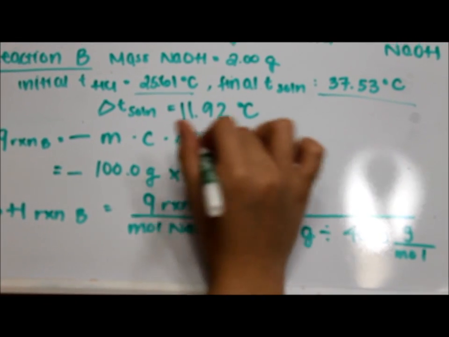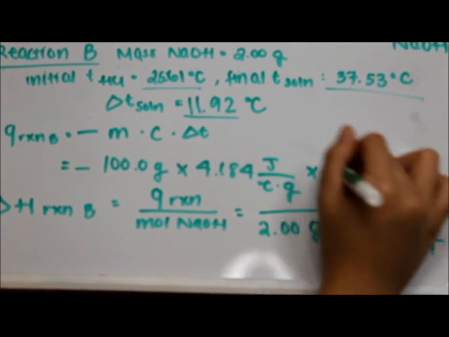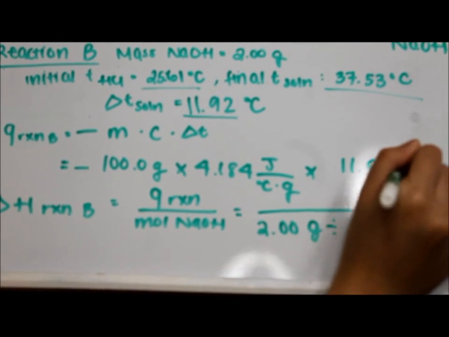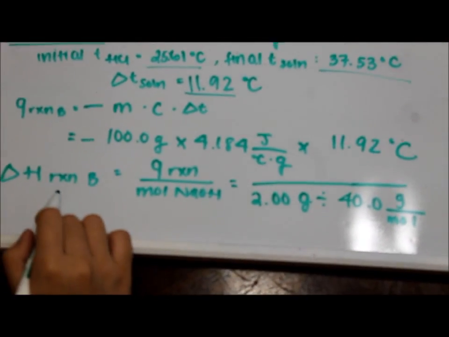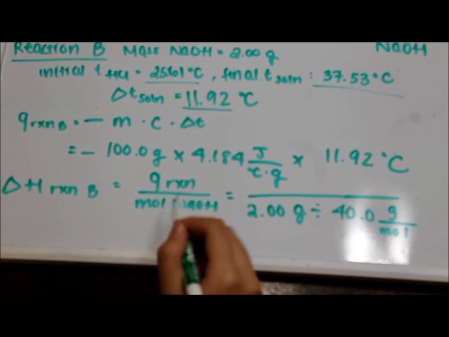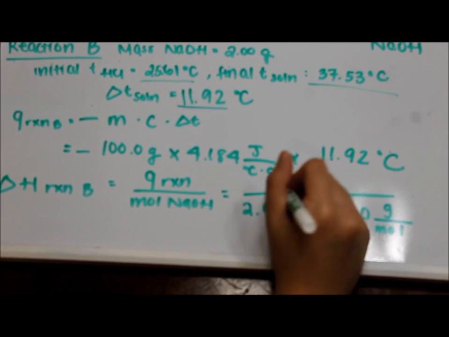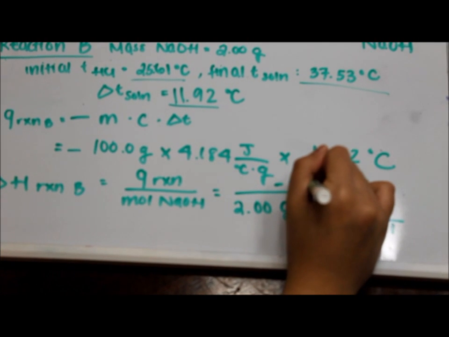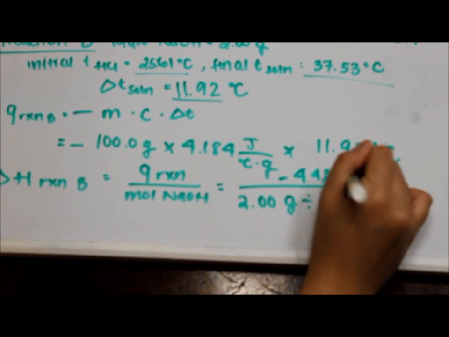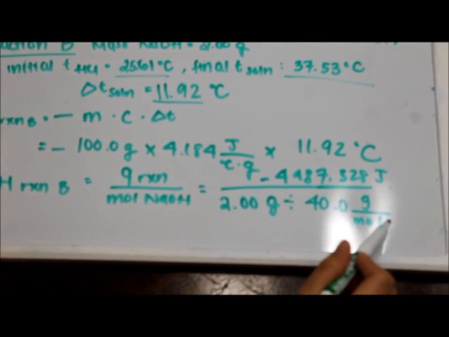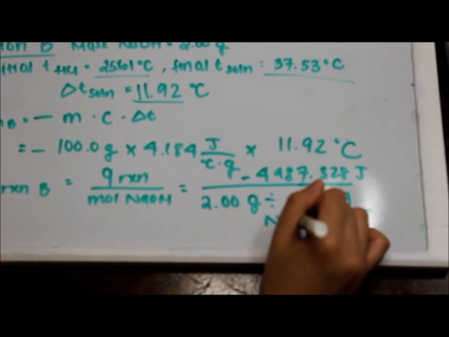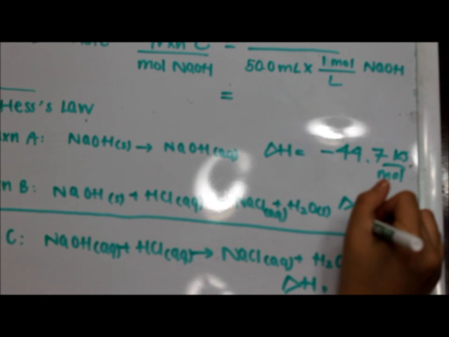And we're going to multiply that by the change in temperature, which is right here, 11.92 degrees Celsius. Now the heat of reaction is going to be this, and once you divide by the number of moles of NaOH, you will get this.